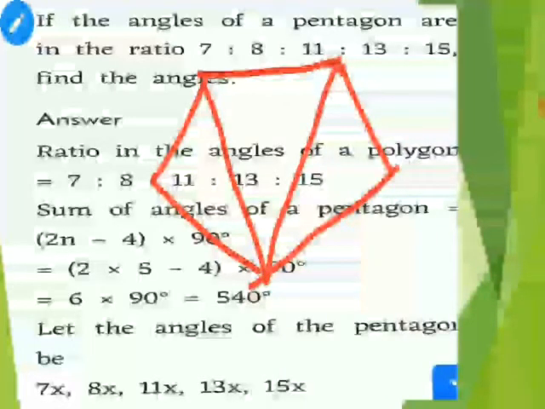So in a pentagon, the number of triangles formed is 3. And each triangle's angle sum is 180 degree. So there are such 3 triangles. So 180 degree into 3, and this will give you 540 degree. That means the sum of interior angles of a pentagon is equal to 540 degree. This way you can find out, or you can verify your result also.